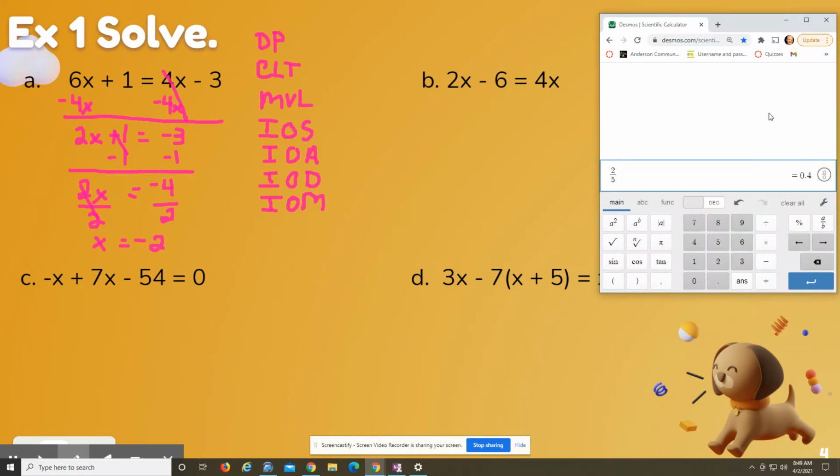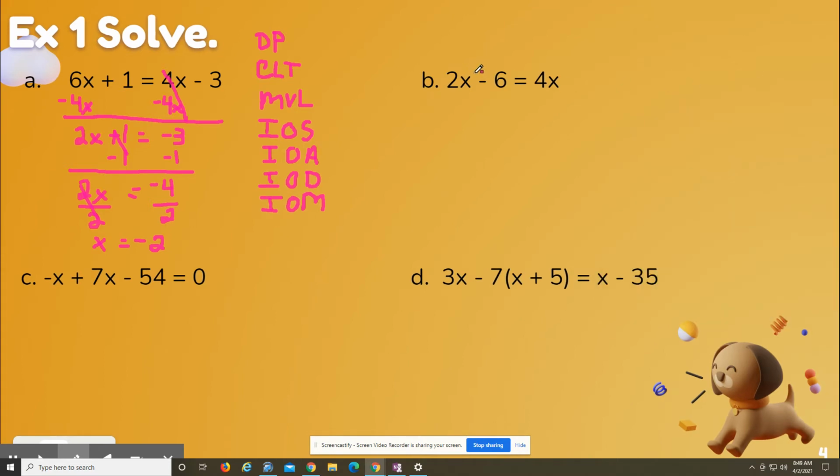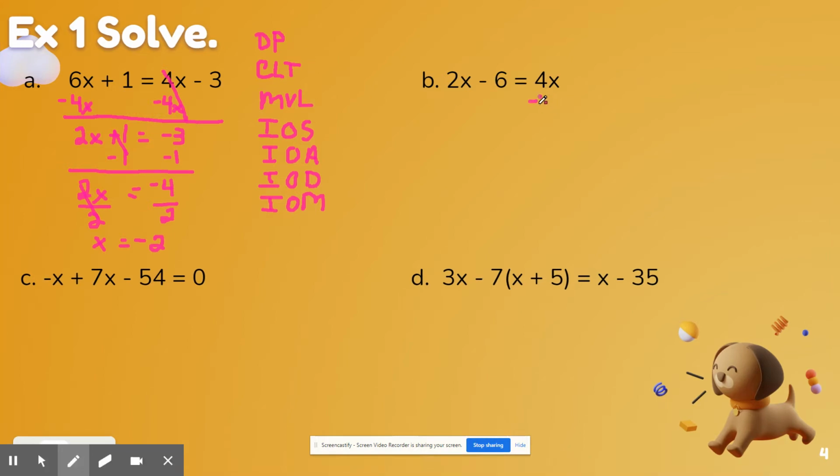The next problem that we're going to do is B right here. There's no distributive property. There aren't any like terms. There is a variable on the left side, or on the right side. We're going to subtract 4x from both sides. You could move it to the right if you wanted to, but I like to move everything to the left. I wrote 2 there, but it should be 4. 2 minus 4 is negative 2.